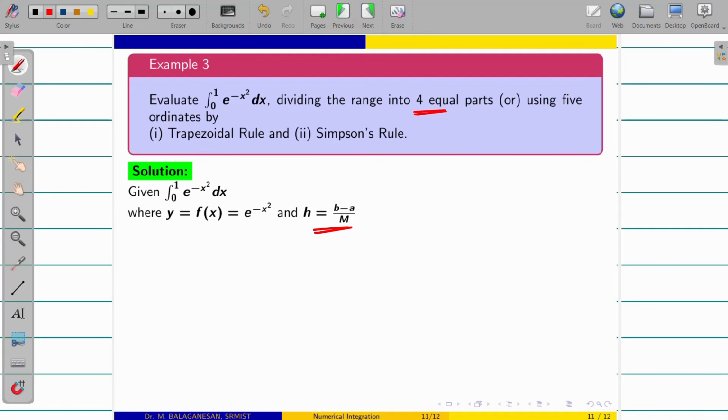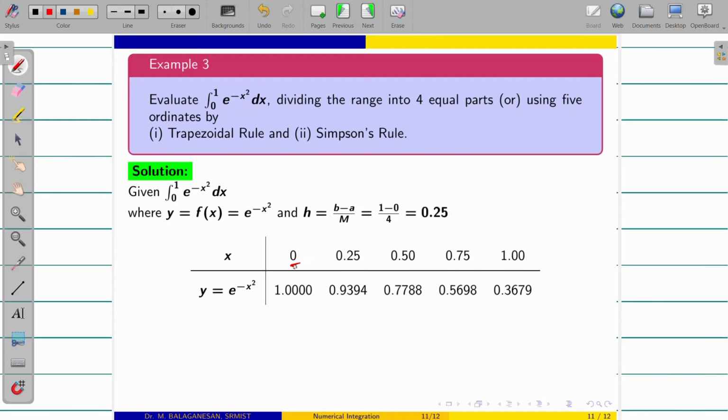M represents the number of sub-intervals, the number of equal parts. So H is 0.25, with X varying from 0 to 1. We should insert the formula: y equivalent to alpha E power symbol minus alpha X square.